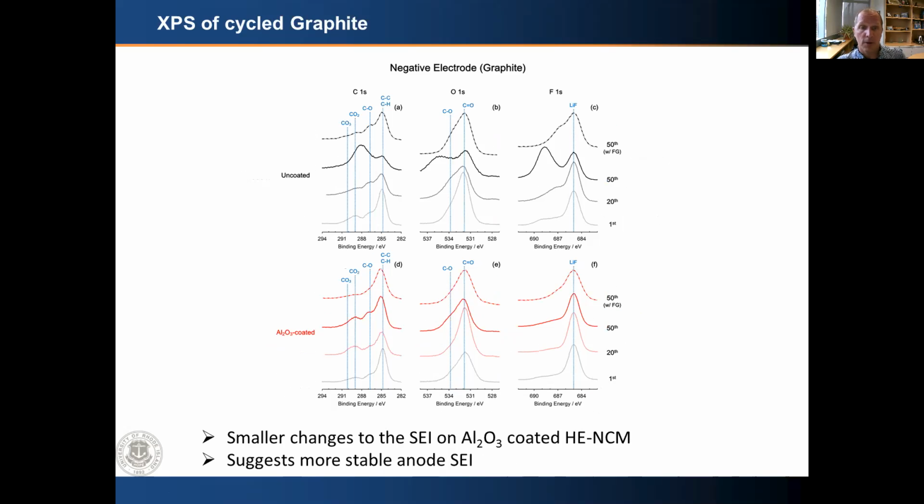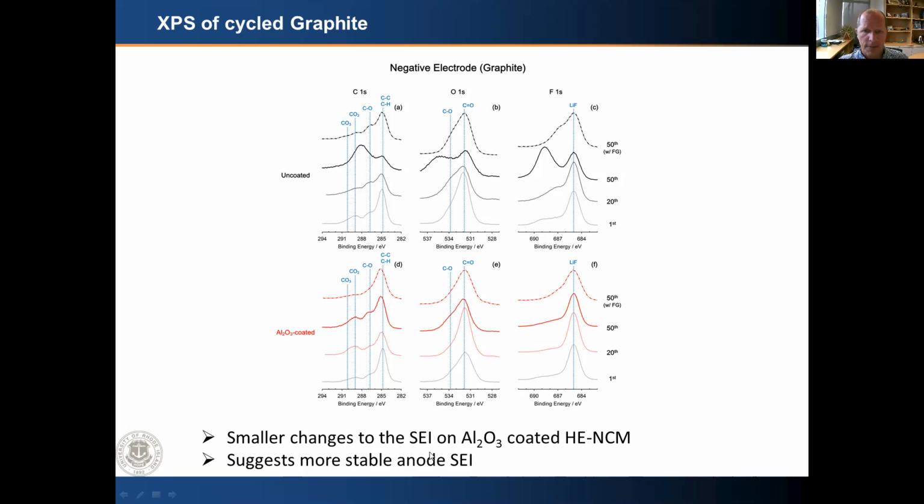If we also look at the graphite surface, what we see is smaller changes to the SEI on the alumina-coated material. And so with the uncoated material, we see very large changes. After the first, 20th, and 50th cycle, we see large growths of electrolyte decomposition by both oxygen and carbon spectra.